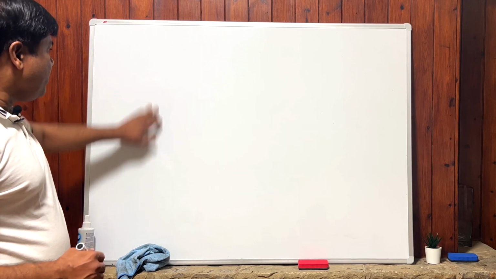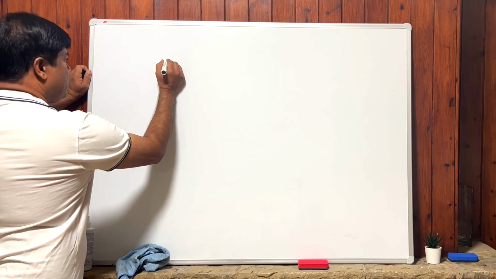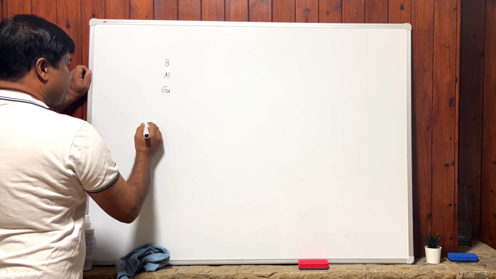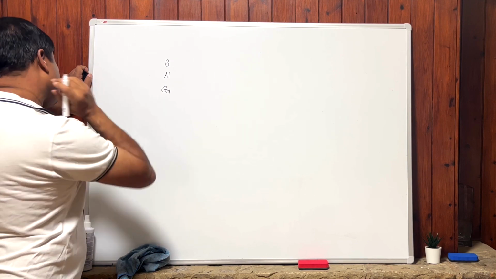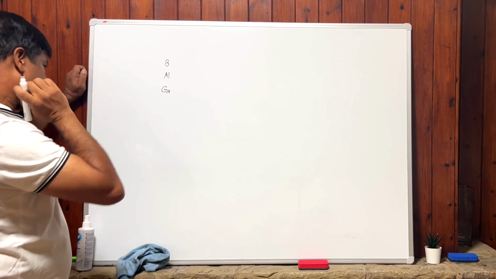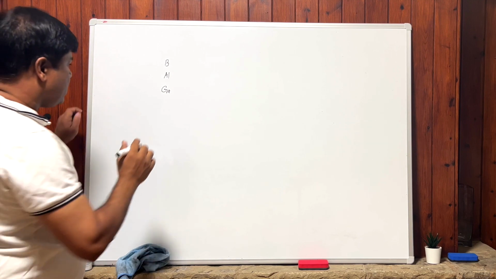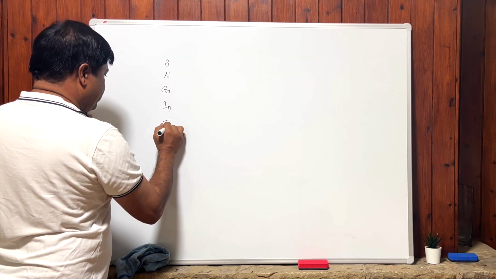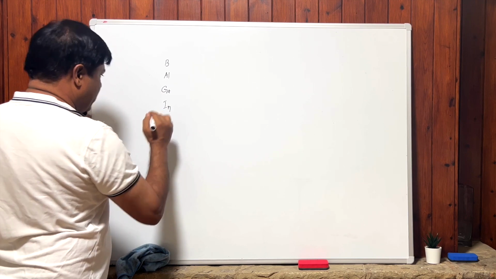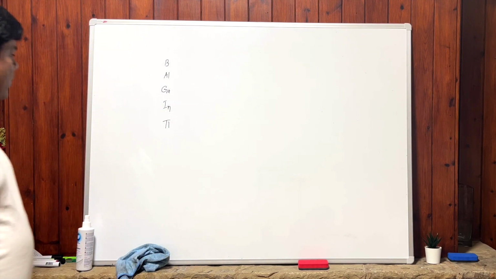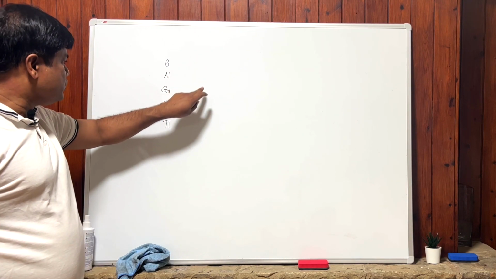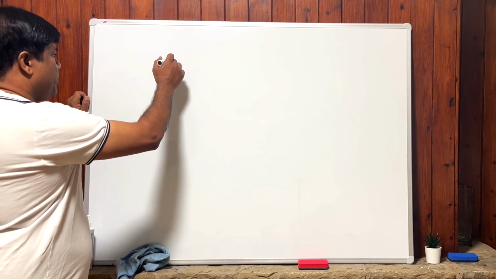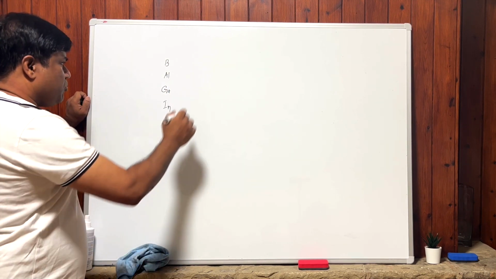Group 3 elements: boron, aluminum, gallium, indium, thallium, carbon, silicon, germanium, tin, Pb. So group 3, boron.